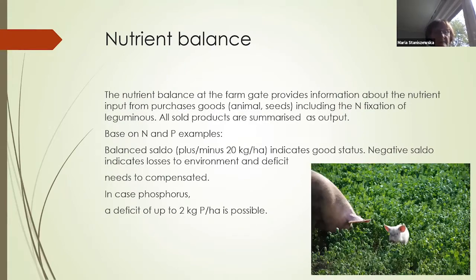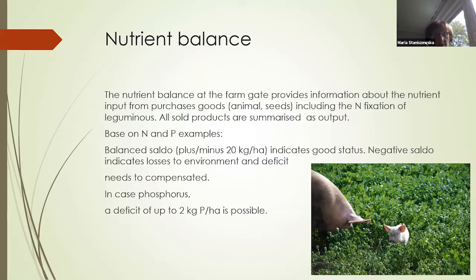And the nutrient balance and the farm guide provides information about the nutrient input from purchased goods, animals, seeds, including the fixation of legumes, and all soil products are summarized as an output, based on nitrogen and phosphorus examples.